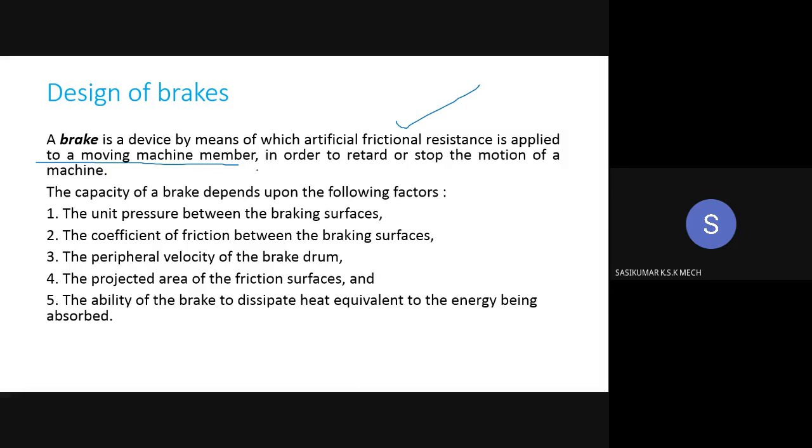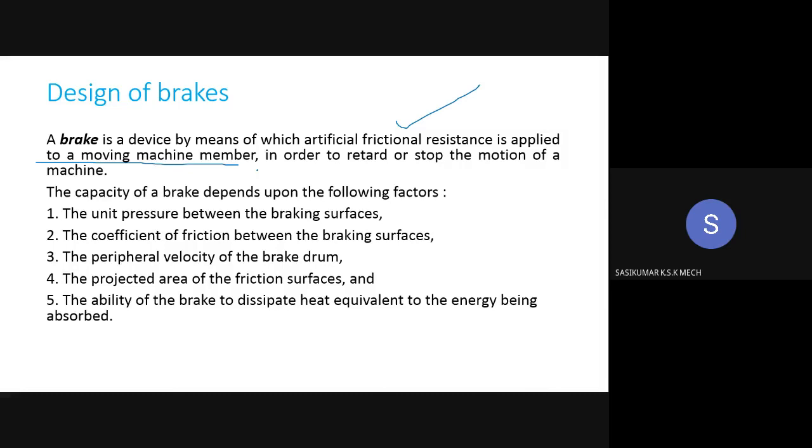There is a moving member called brake drum, into which you are applying an artificial frictional resistance by means of the brake shoe. We do this to retard or stop the motion of a machine.